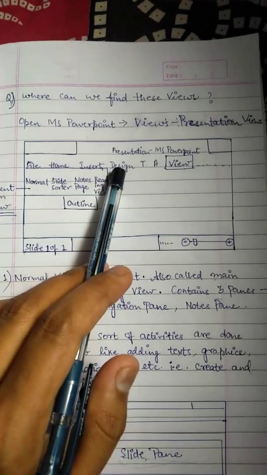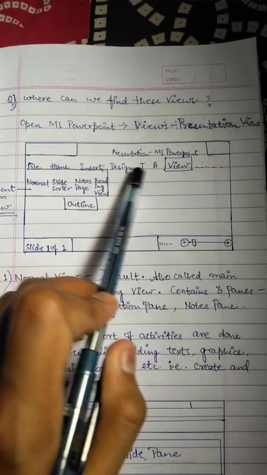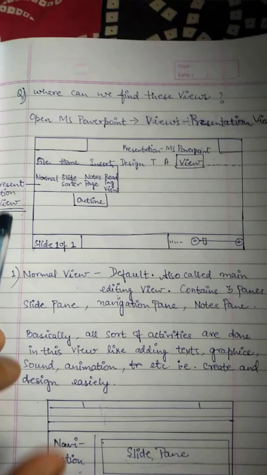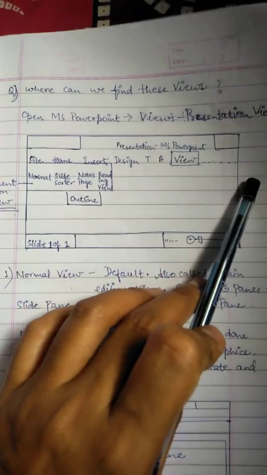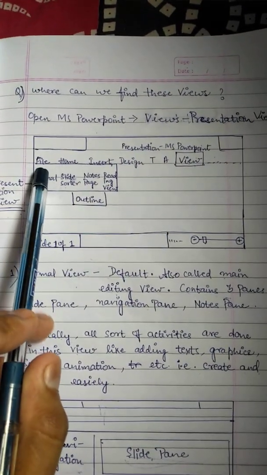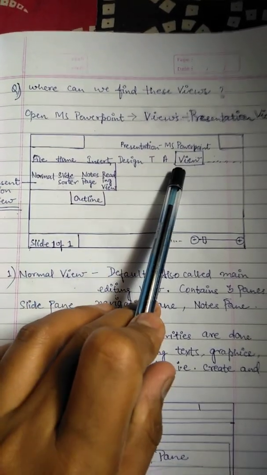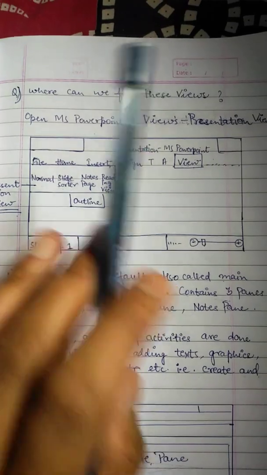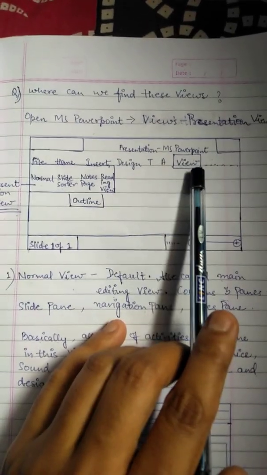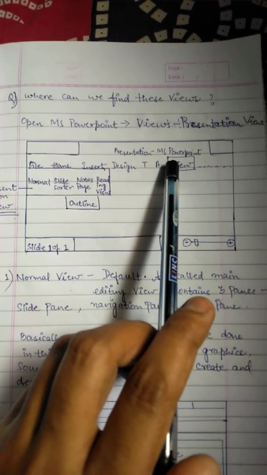This is the name of the program, I mean the software. Then after that we see a ribbon. Here in the ribbon we get options like File, Home, Insert, Design, Transitions, Animations. Then in that line you will see this option, View. You have to click on View.